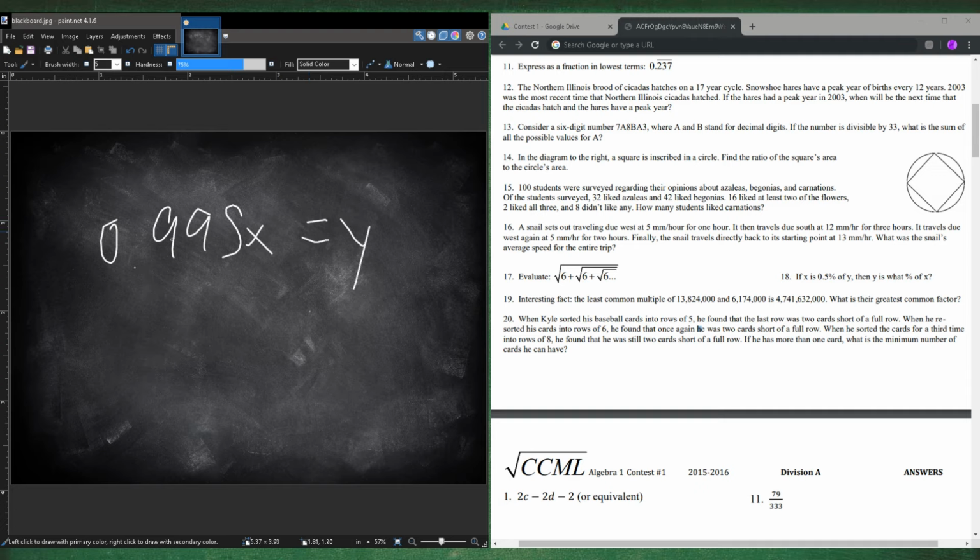So now we just have to find the coefficient in front of y. Sorry, I wrote that wrong.